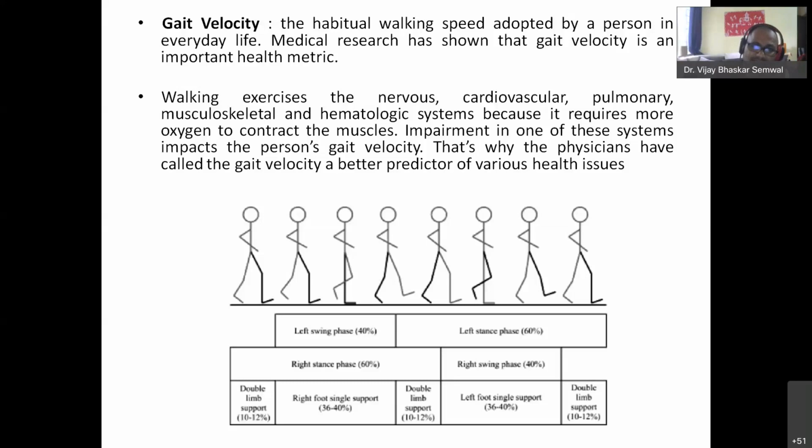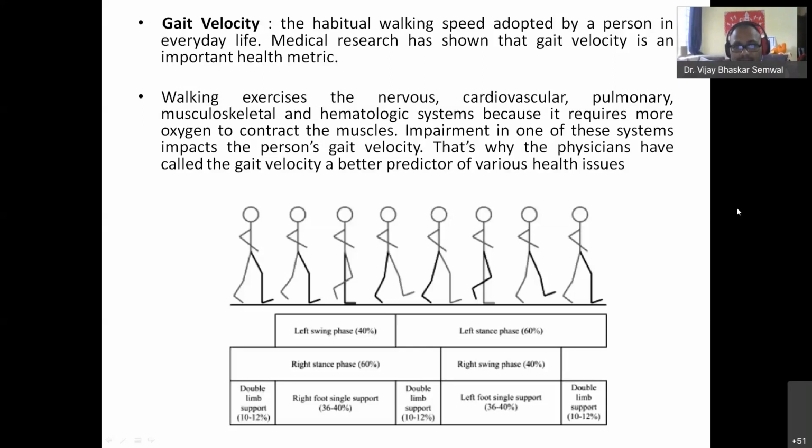Walking exercise involves the nervous system, cardiovascular system related to the heart, pulmonary system, musculoskeletal and hematological systems. Whenever you are walking, you involve the nervous, cardiovascular and pulmonary systems, and all of them get activated. It requires more oxygen when you are walking, that's why you get tired also.